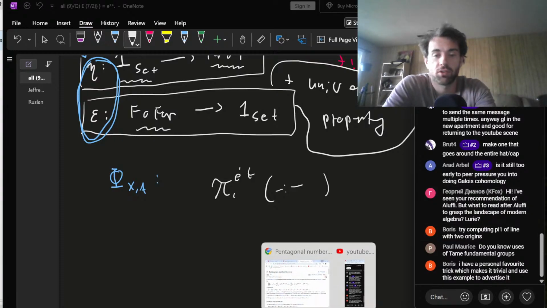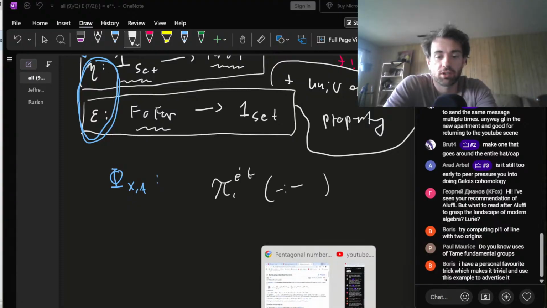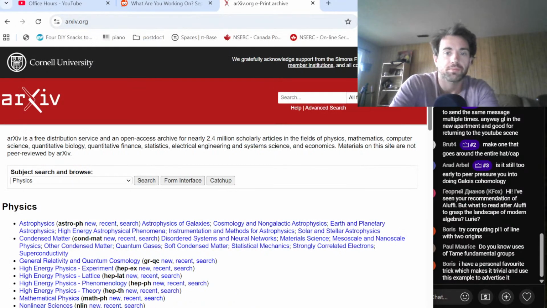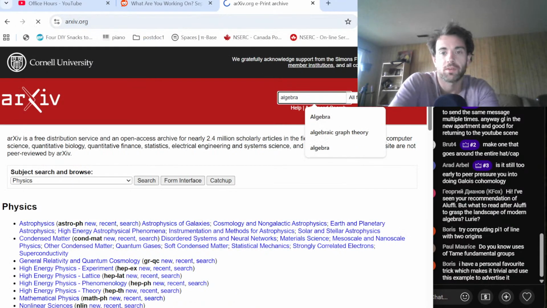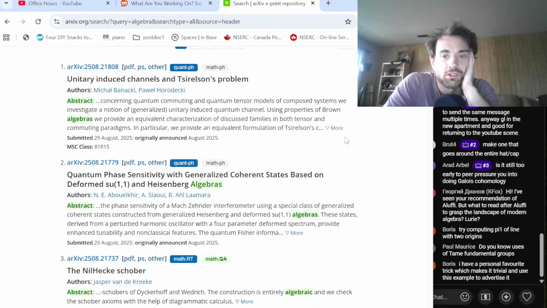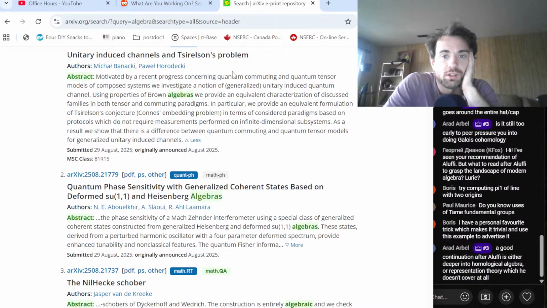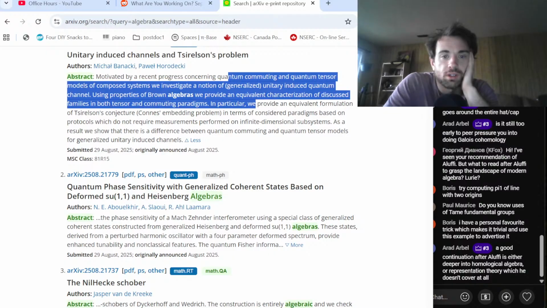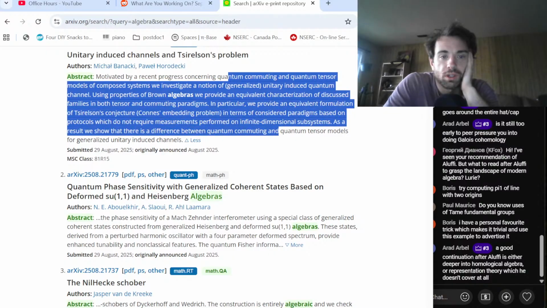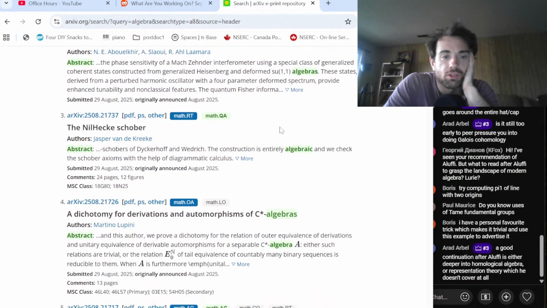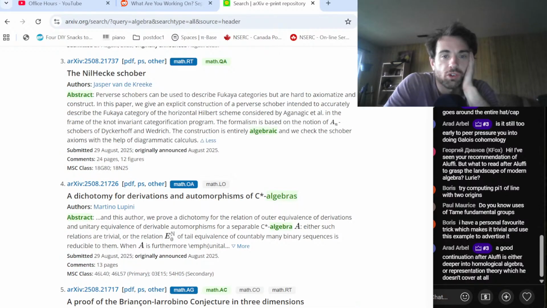Go to arXiv and type in algebra and just start reading some of the abstracts and see what sort of things you see. Okay, Brown algebras. Okay, Kahn's embedding problem, make some notes, right? Okay, that's quantum mechanics stuff, which is fine. But just start looking.